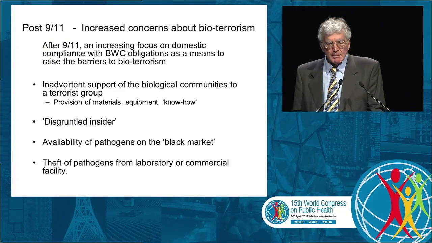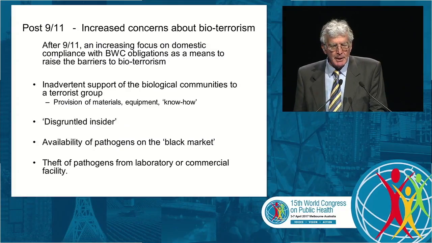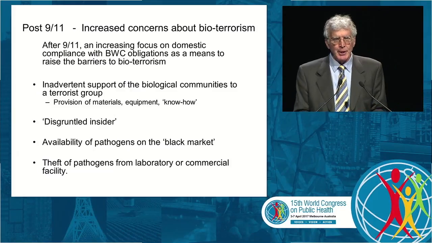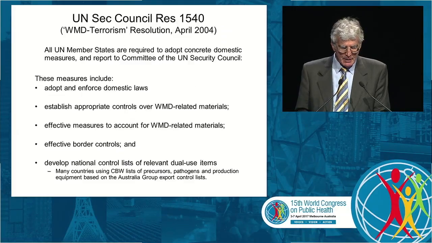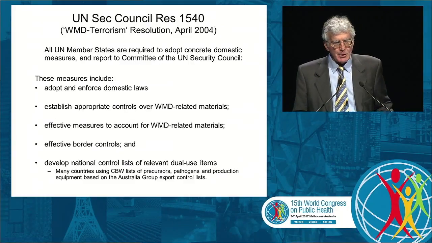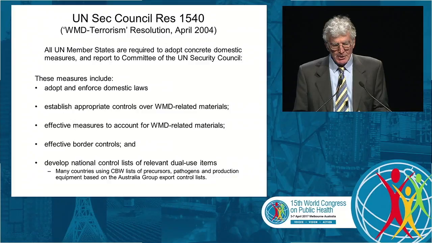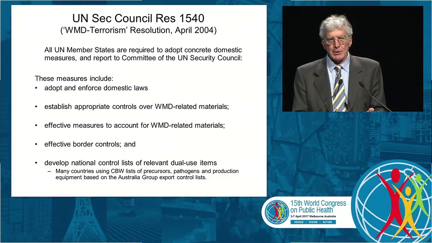So basically, obviously a lot of discussion about how to prevent bioterrorism, and these are some of the ways that pathogens could be obtained by a terrorist, either an individual or a terrorist group. And so there seemed to be need to tighten up the security of facilities and individuals who handle these sorts of materials. One result of this was UN Security Council resolution 1540, and this applied to nuclear materials, toxic chemicals, and also pathogens and toxins.